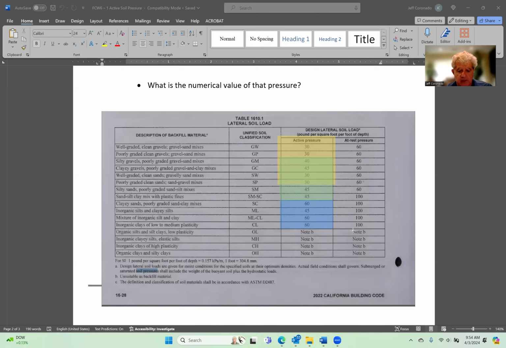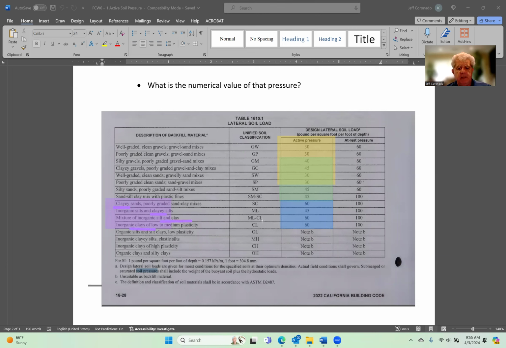In fact, you can see here, let me use this magenta. If we get into the 60 pounds per cubic foot, you start seeing the word clay pop up a lot, right?